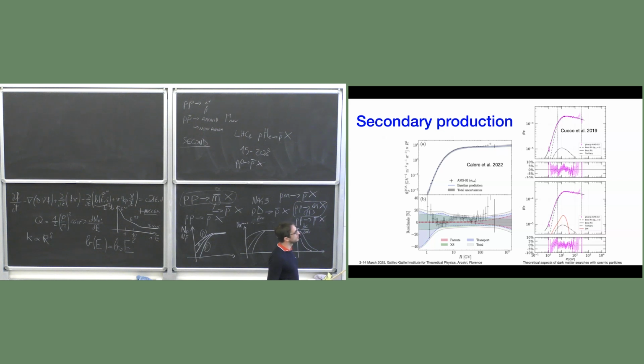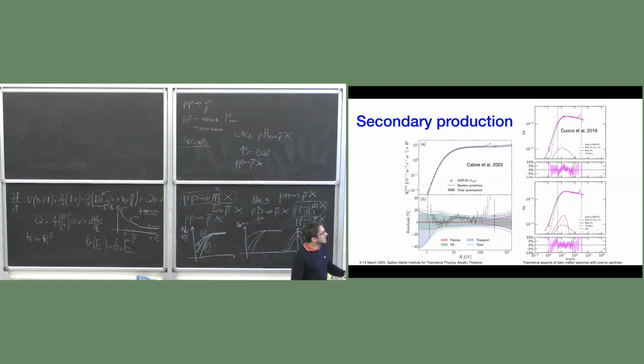The problem is that this excess, that is of the order of 10%, if you just take the secondary production without any uncertainty, is actually very significant, because it's beyond 1 sigma of the errors for 20 data points. So, generally speaking, this is a very significant excess.